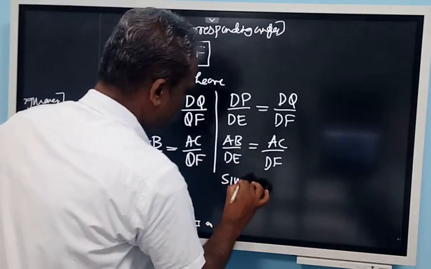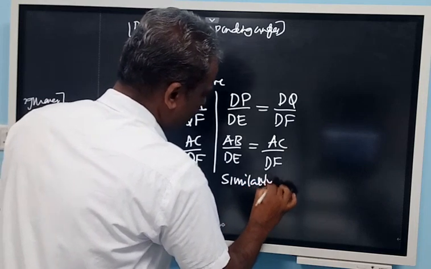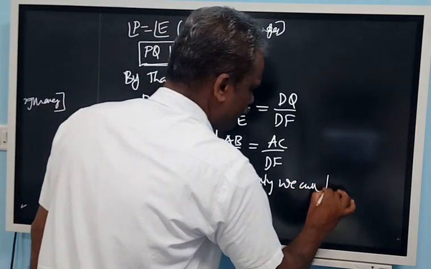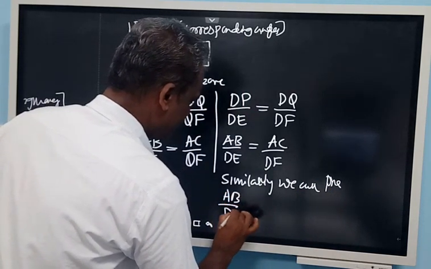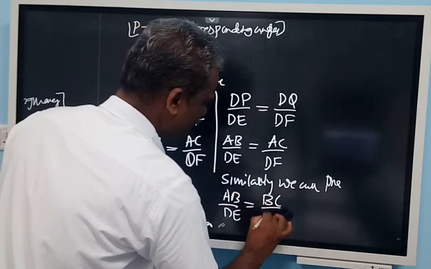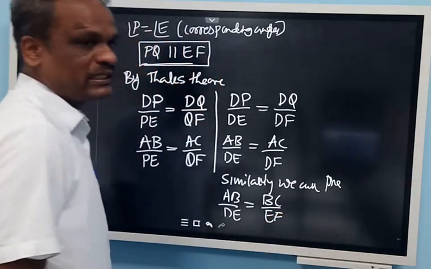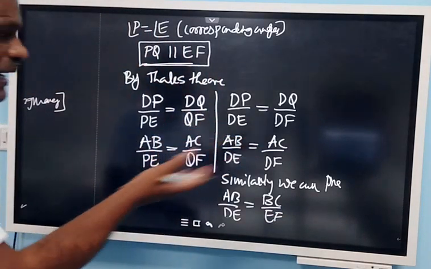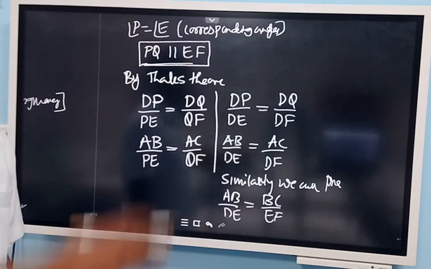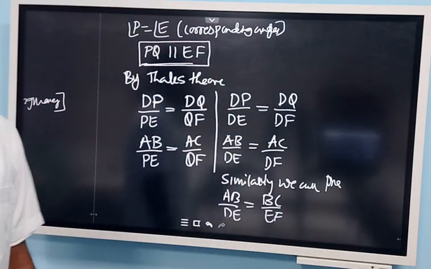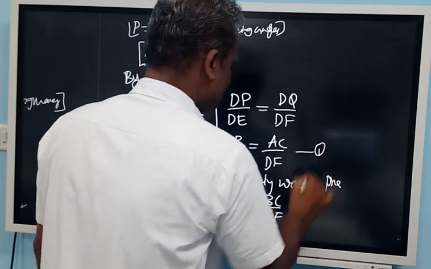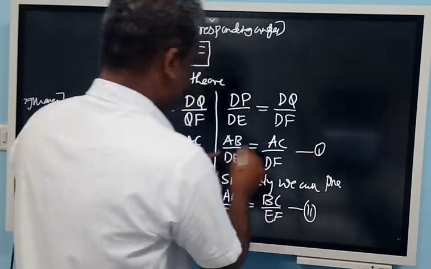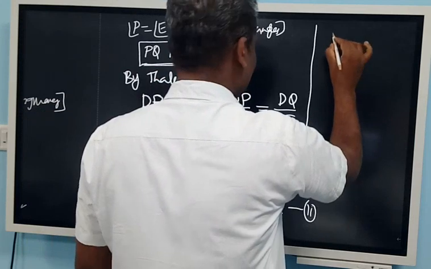Similarly, we can prove AB by DE is equal to BC by EF also. Instead of constructing a parallel line to BC, you can construct a parallel line to AC, then you can prove this one. So from these two, you can write all the three sides are in the same ratio.